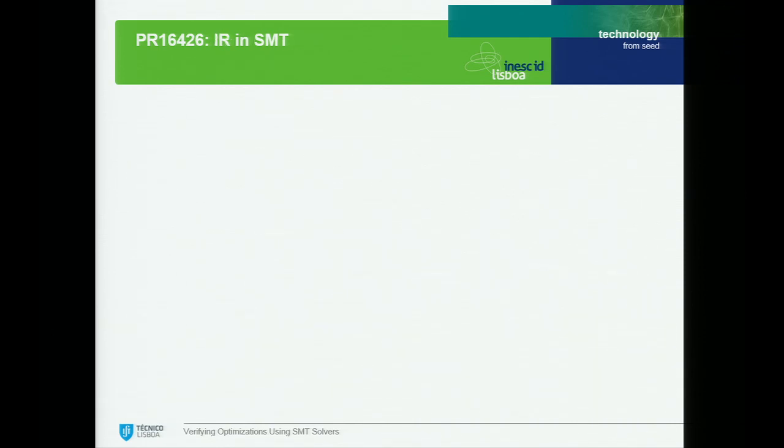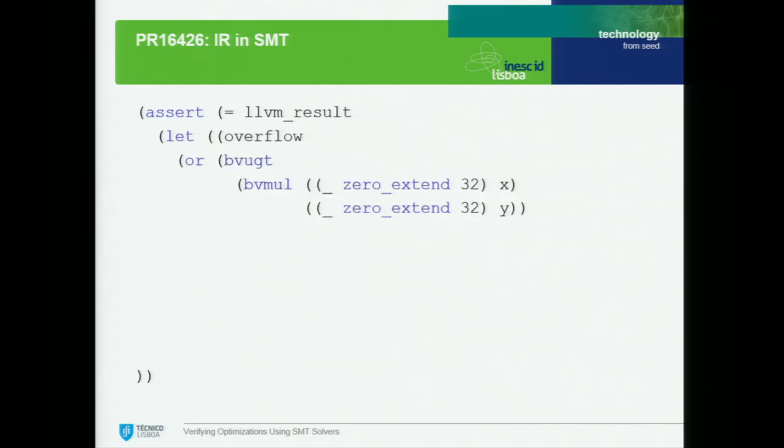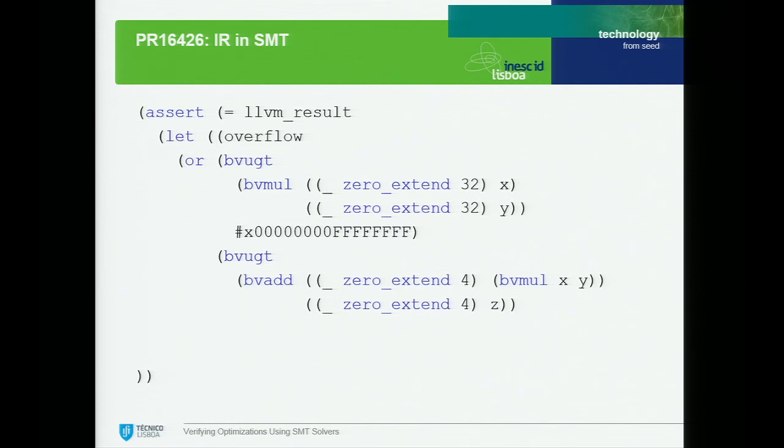Now let's see what the IR is computing. So it says, well, if I have overflow, but by the way, these let expressions are what you would expect from these functional languages. So this is like a local variable. So I have overflow if I do the multiplication in 64 bits and the result doesn't fit in 32 bits. Or if I do the addition in 33 bits.